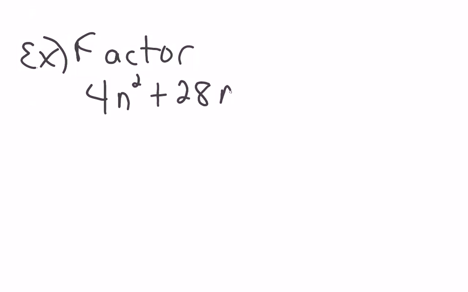Last example. Factor 4n squared plus 28n plus 49. This one looks like our traditional trinomial that we would get after foiling.